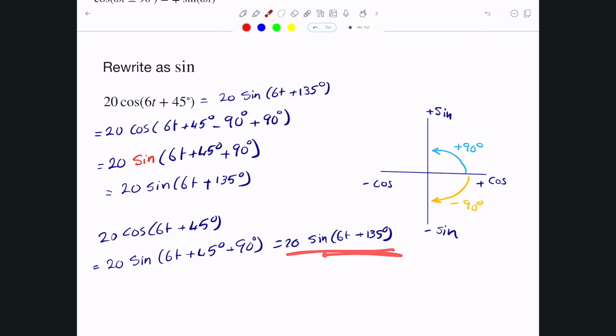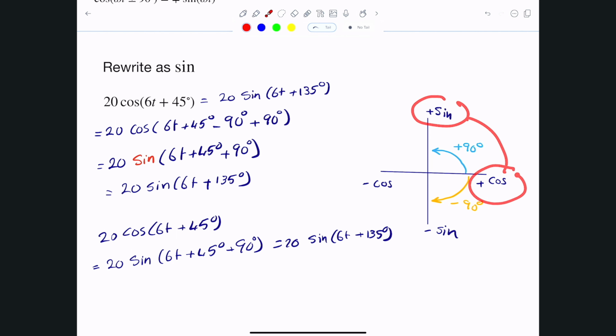So now let's assume that I have this, and I want to convert it to a cosine. The sine is positive here, and the same thing here for the cosine. So I need to move from here to get the positive cosine. This tells me I have to move clockwise 90 degrees, so I have to subtract 90.